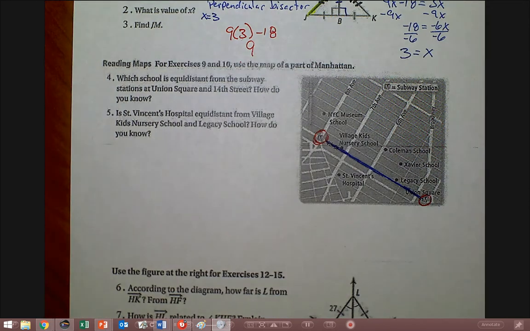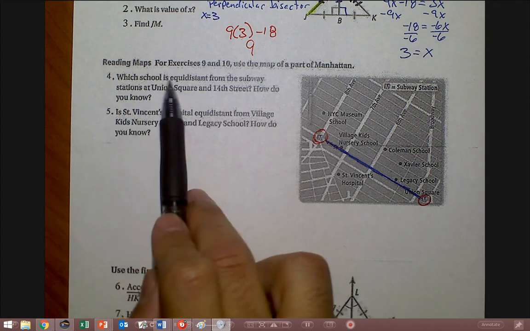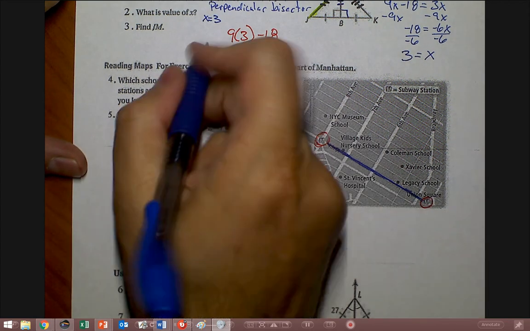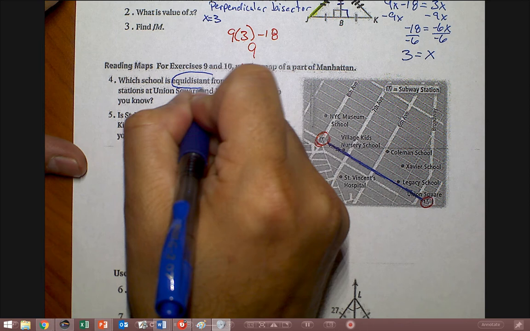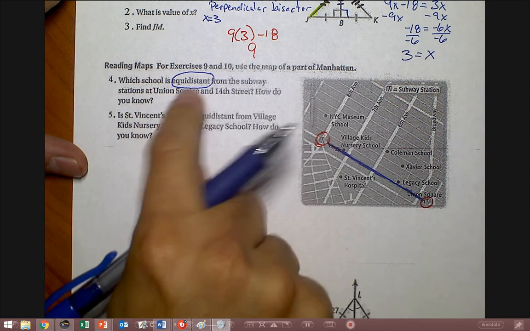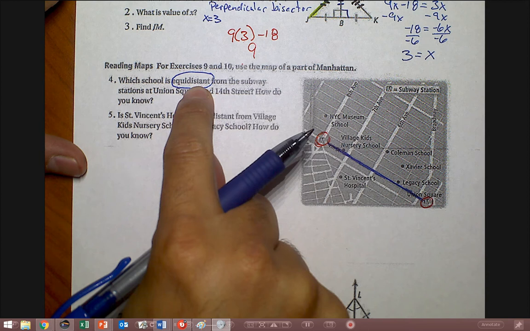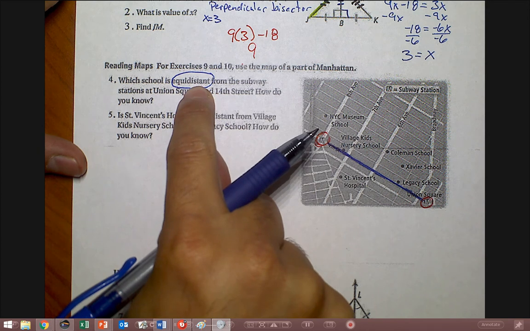Now, I'm going to do some process of elimination here to try and help you guys out. It says, which school is equidistant? Now, the word equidistant means what? Same distance. Right, same distance.